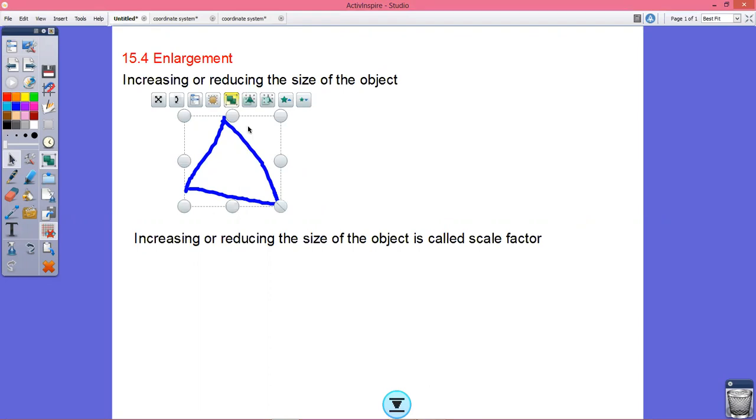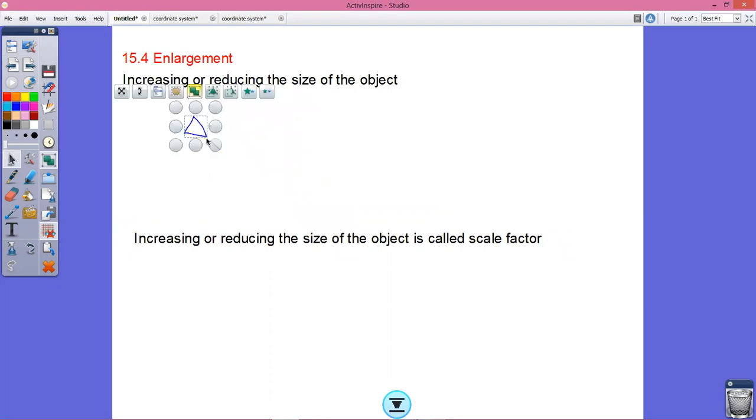Or we can reduce it. Here what we did, we multiplied the shape, for example, by half, 0.5. With 0.5, I multiplied it. Now, the length of the sides of the triangle will be less here.